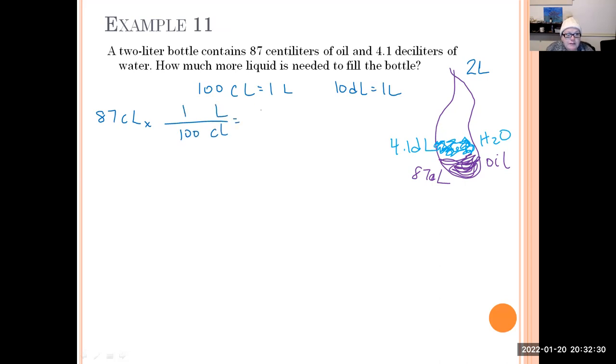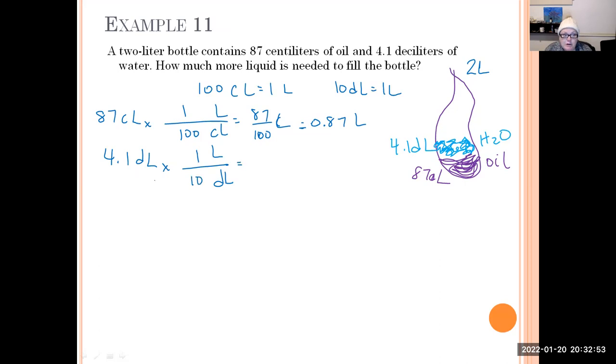That gives us 87 divided by 100. Oh, this is liters. So that's 0.87 liters. All right, the next one is 4.1 deciliters. So that's going to be deciliters down here, liters in the numerator. 1 liter is 10 deciliters.